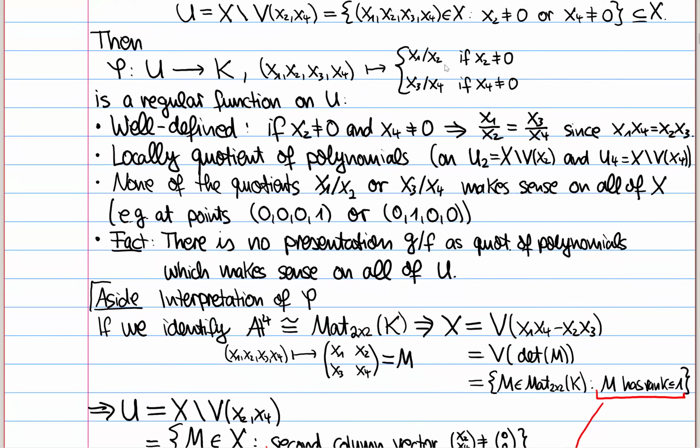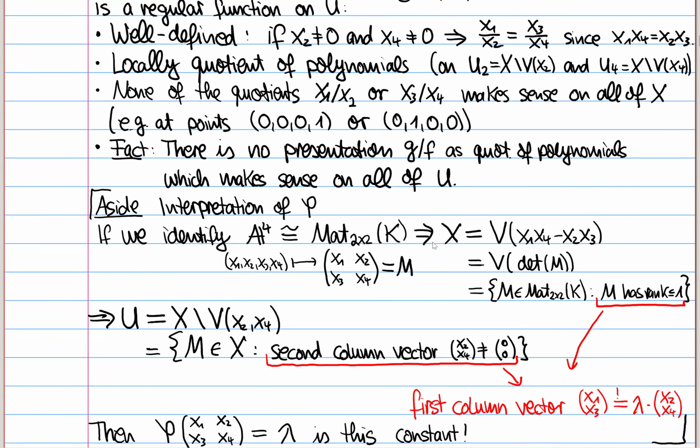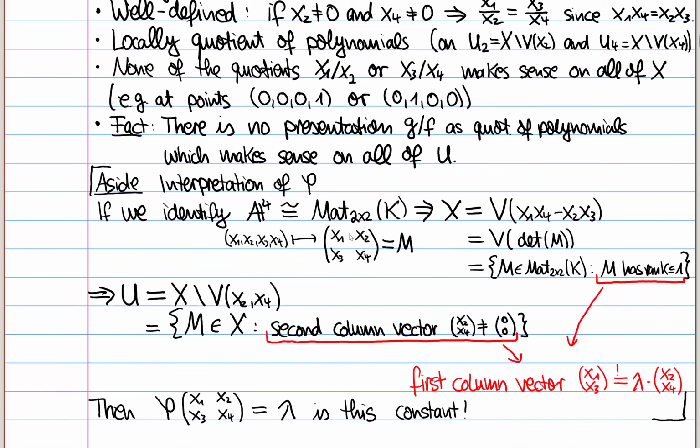it was x1 divided by x2 if x2 is non-zero, x3 divided by x4 if this is non-zero. And you can just see that dividing x1 by x2 will give you this number lambda if x2 is non-zero, and dividing x3 by x4 gives you the number lambda if x4 is non-zero. So in other words, this phi that we just defined is just this constant lambda, which we get told exists from linear algebra.